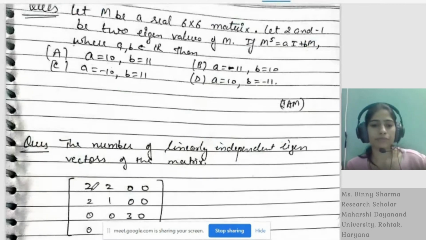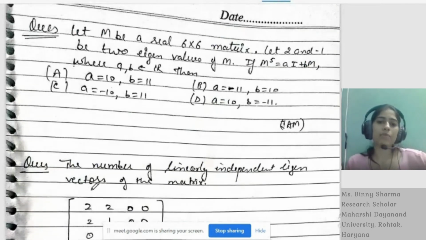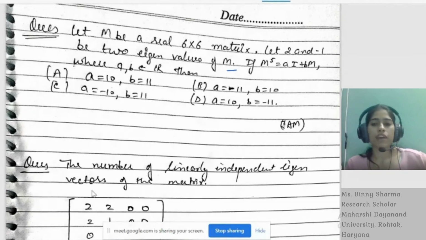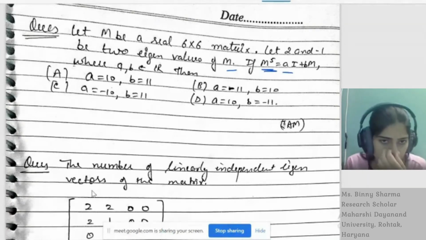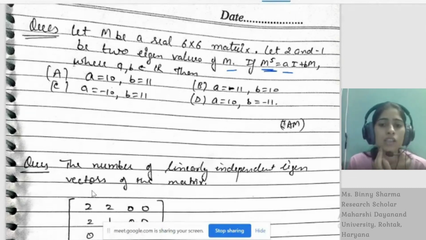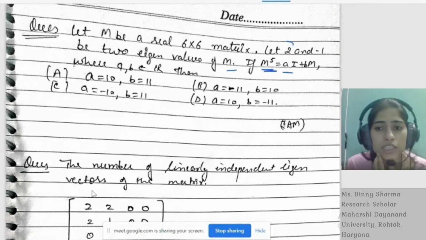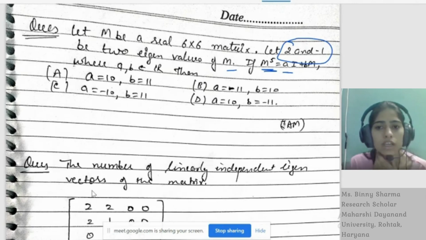Okay. The next question is, let M be a real 6 cross 6 matrix. Let 2 and minus 1 be two eigenvalues of M. If M raised to power 5 equals AI plus BM, where A, B belong to R. So here, these are the eigenvalues, and you have to find the values of A and B. So these eigenvalues must satisfy this equation.